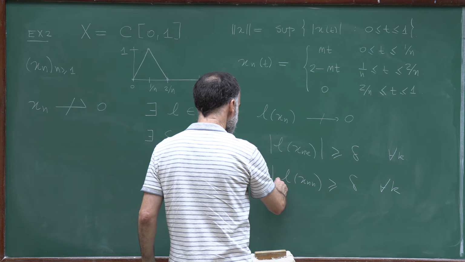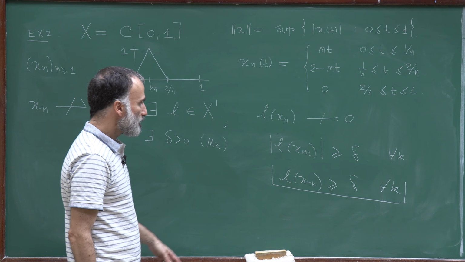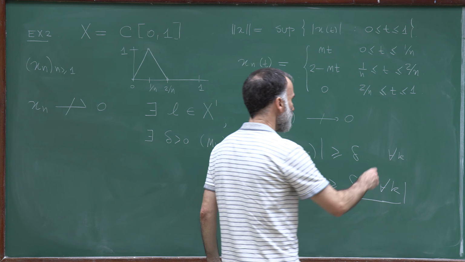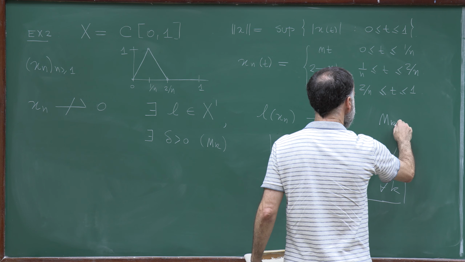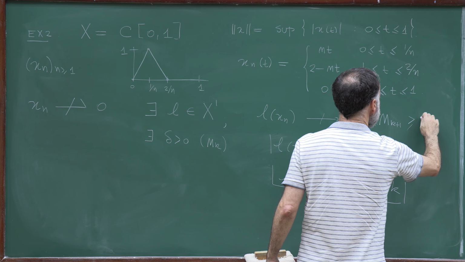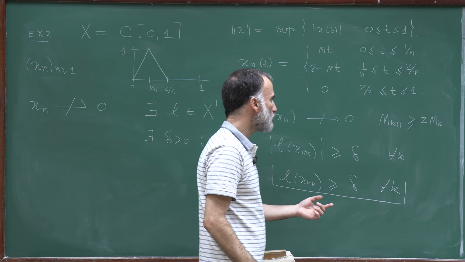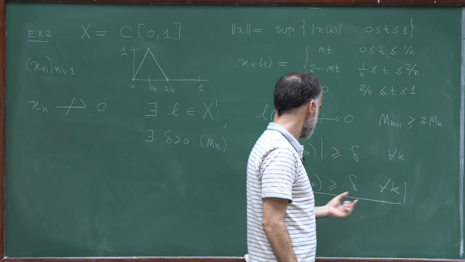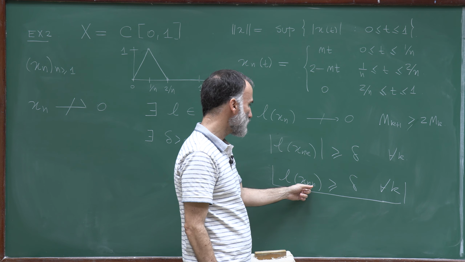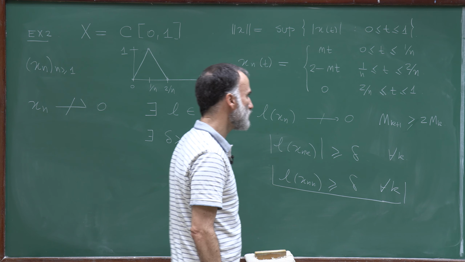So I will assume from now on that I have this inequality, and I will also need a property of this sequence n_k. I will assume that n_{k+1} is larger than, or maybe strictly larger than, 2 times n_k. Well, it's clear that if this is not the case, you can just drop some elements of your sequence to get a new subsequence which satisfies this inequality.